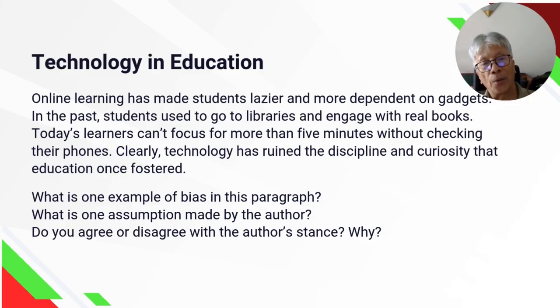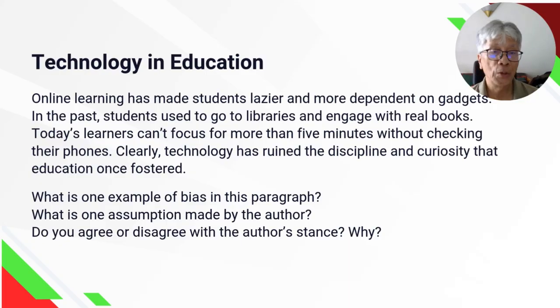This is a very short text for an exercise to check your understanding about bias and assumption. Technology in education, for example: "Online learning has made students lazier and more dependent on gadgets. In the past, students used to go to libraries and engage with real books. Today's learners cannot focus more than 5 minutes without checking their phone.